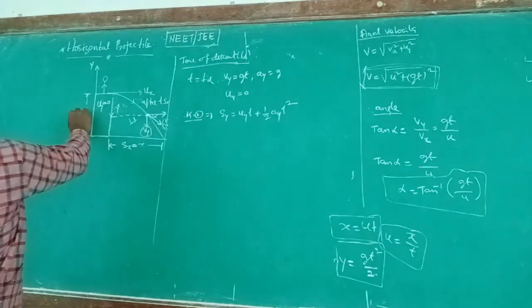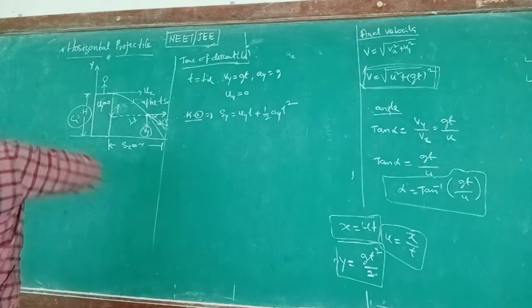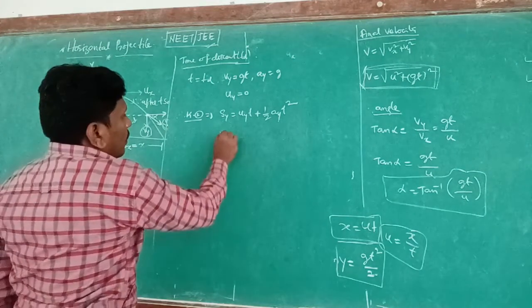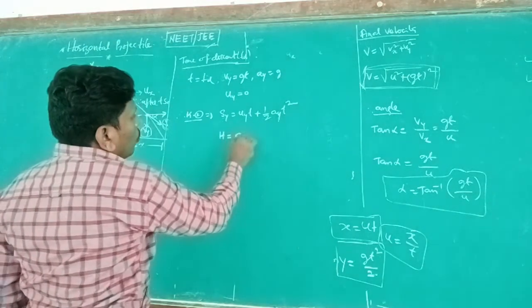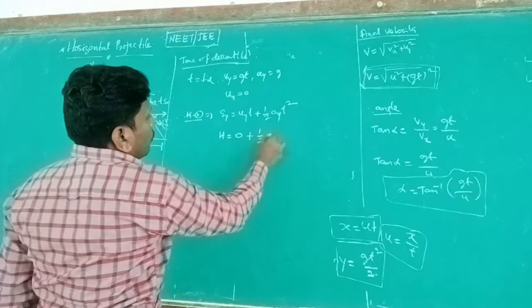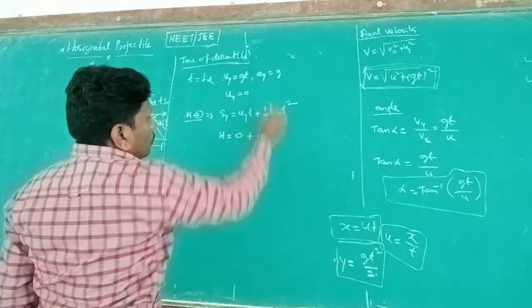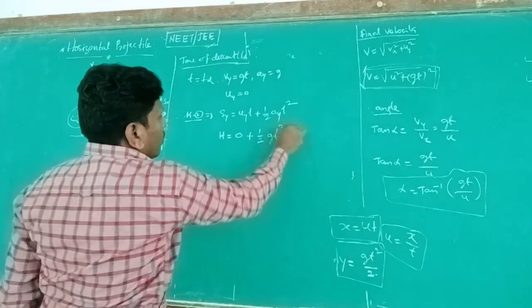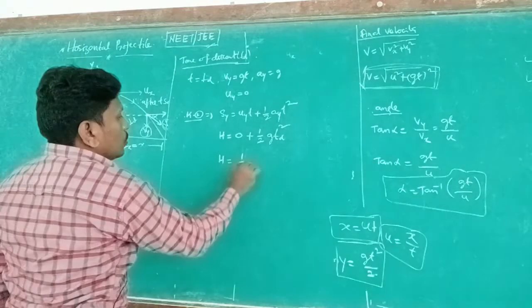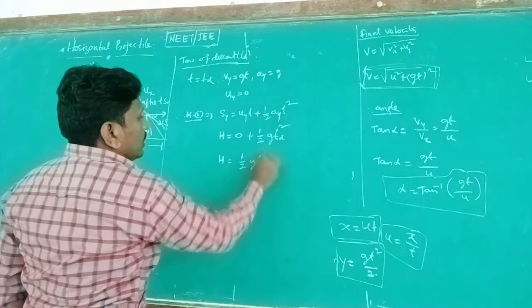So h is equal to 0 plus half g td square.